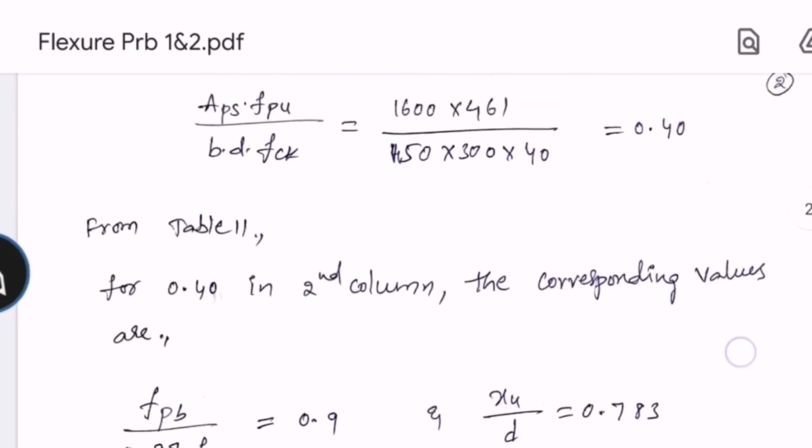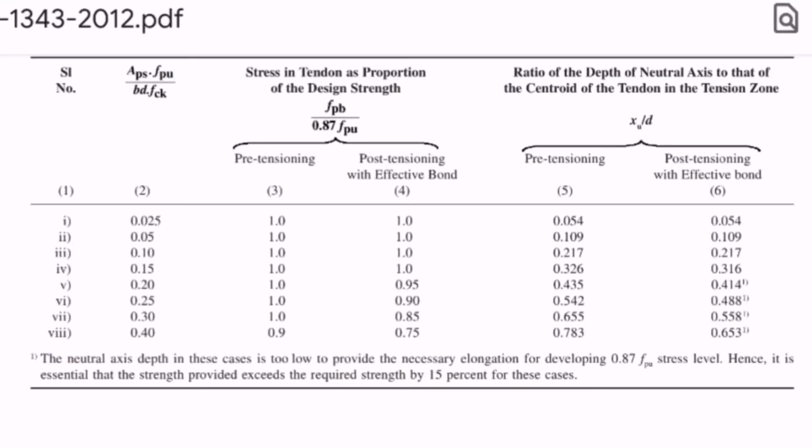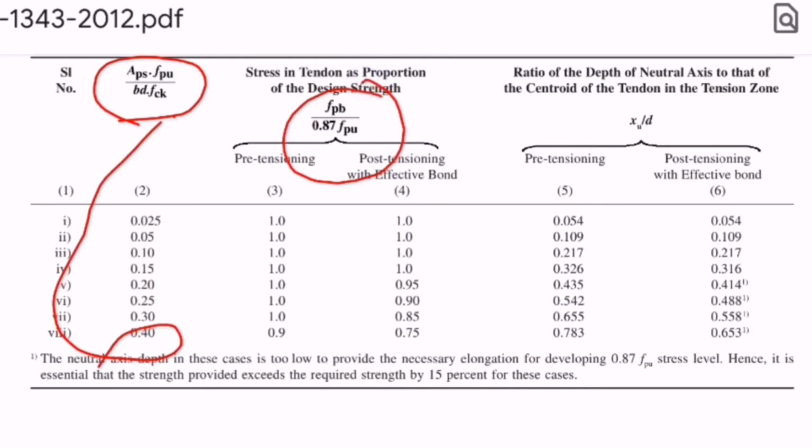Here if you observe, the value of APS FPU by BDFCK we got in the problem is 0.4. The corresponding value of FPB by 0.87 FPU is 0.9, and the corresponding value of Xu by d is 0.783.